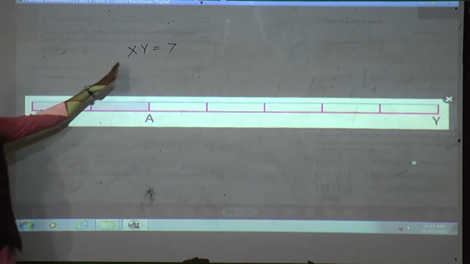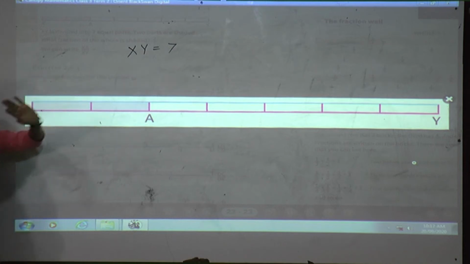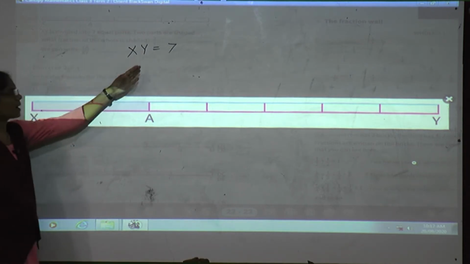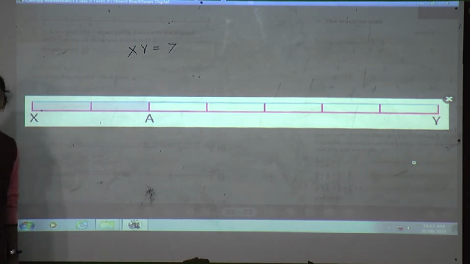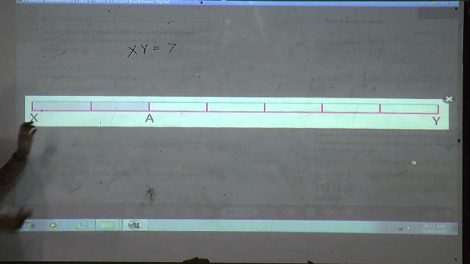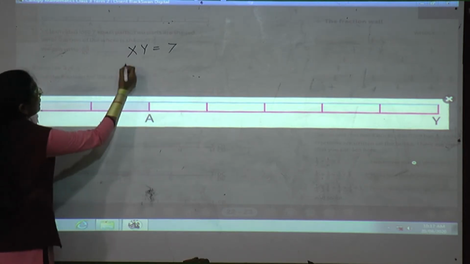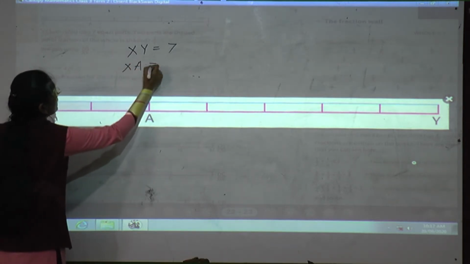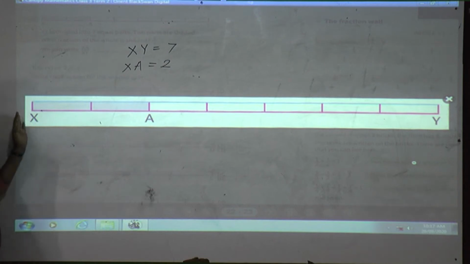So here XY is equal to 7. Now out of those 7 parts, how many parts are shaded? 1, 2, and this is the XA. XA is equal to 2, because out of 7, 2 parts are shaded.